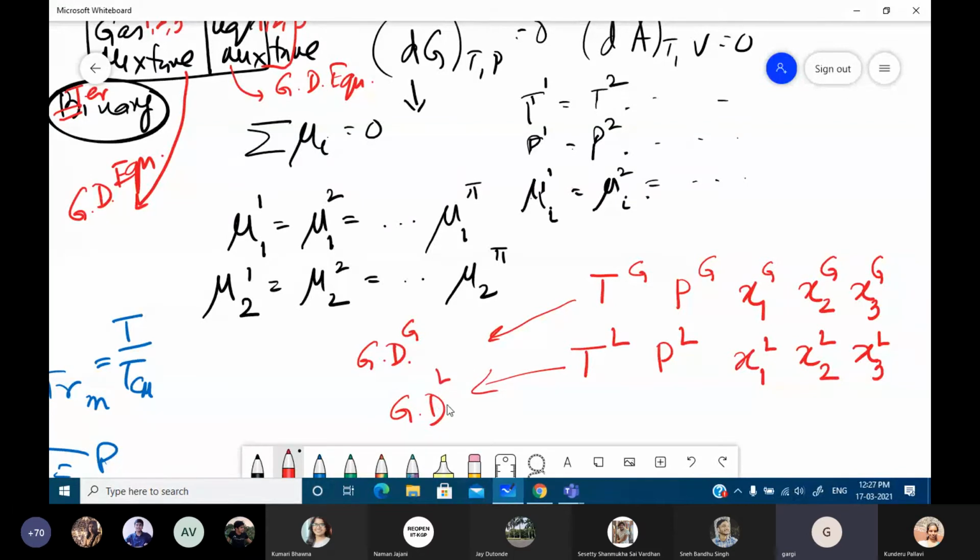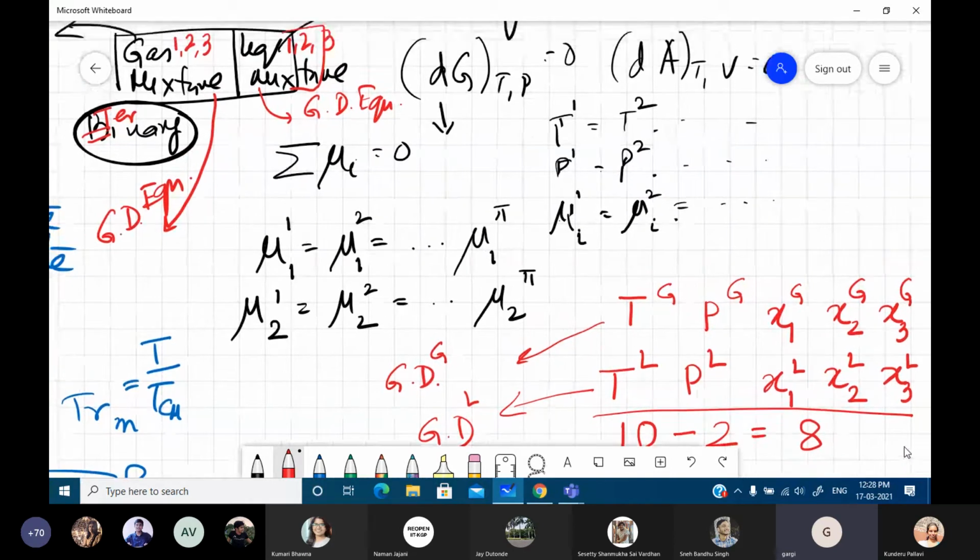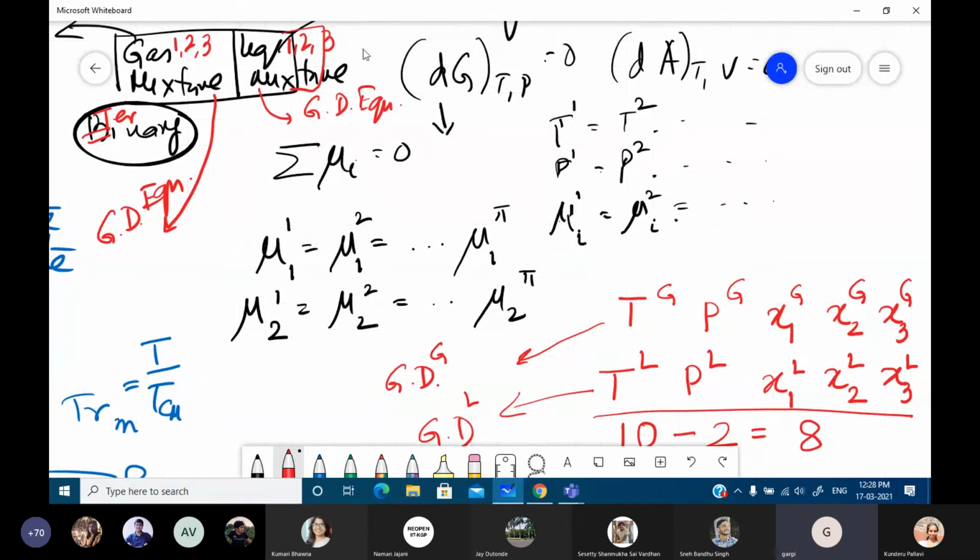And there will also be another Gibbs-Duhem equation for the liquid phase. So accordingly, what do we find? Out of the total 10 properties that you require, since there are 2 Gibbs-Duhem equations, you need just 8 properties.